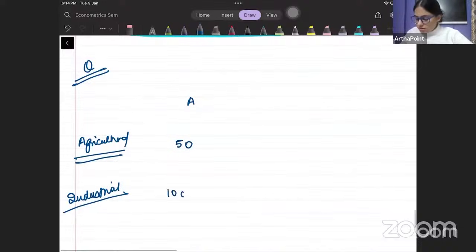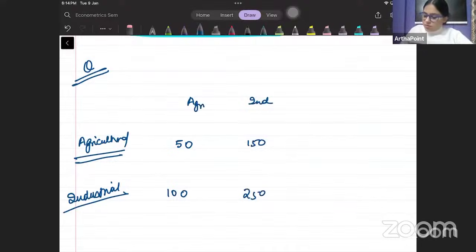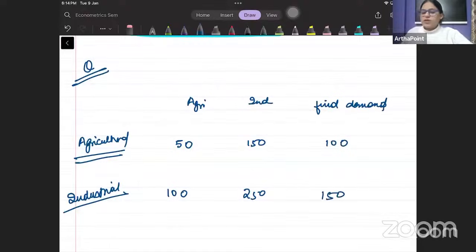This is 100. This is 150. This is industrial sector. This is 250. And this is the final demand. The final demand given to you is 100 by consumers for agricultural products and 150 for this.